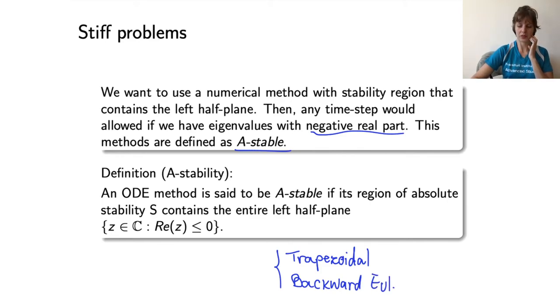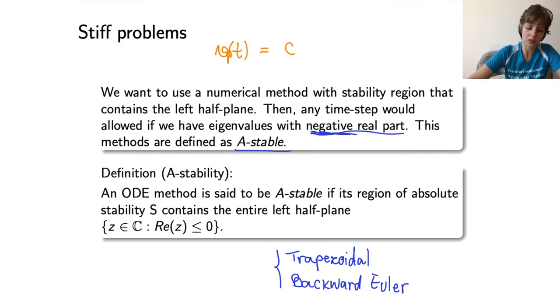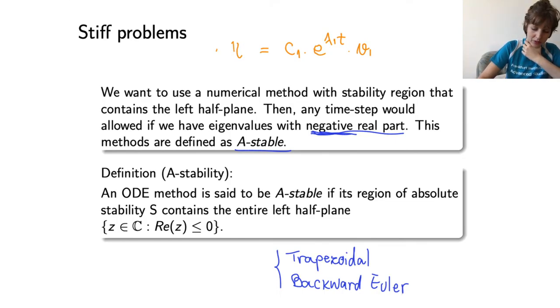Another reason that we want the negative real part of the eigenvalues is that, remember, when we linearize our system, the linearized system has its solution for each eigenvalue, something like v equals some constant c1 times e^(lambda1 t) and so on, times the eigenvector.